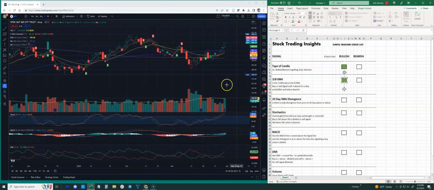20-day SMA divergence. Do we have a divergence? In other words, is the price a good distance away from the 20 daily moving average? And the reason we do that is because, look, what happens is when there's a divergence, like there was here, it pulled back, hit the 20, and now went back up again.